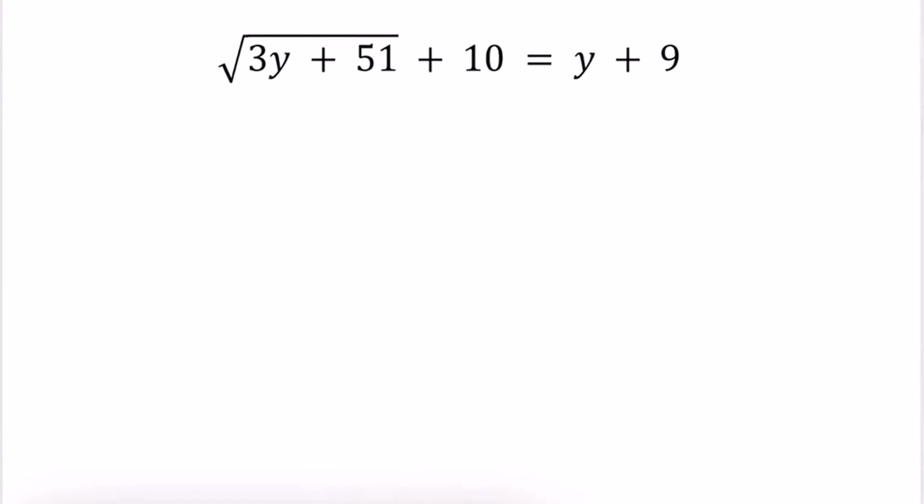The square root of 3y plus 51, plus 10, is equal to y plus 9. We need to isolate the group with the square root, so 10 needs to go to the other side. Minus 10 over.